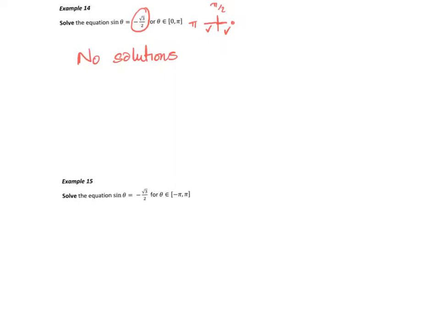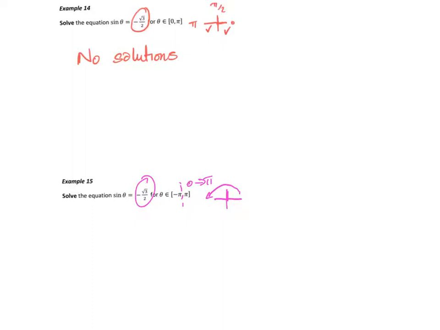Here's the same question, but this time we are going over a different domain. We're going between negative pi and pi. We're going to start off exactly the same way by checking out what quadrants we're in. Now, if I go to pi in the positive direction, so let's just go 0 to pi at this stage, again, we know that sine, and we're dealing with a negative sine, there's no answers in that domain.